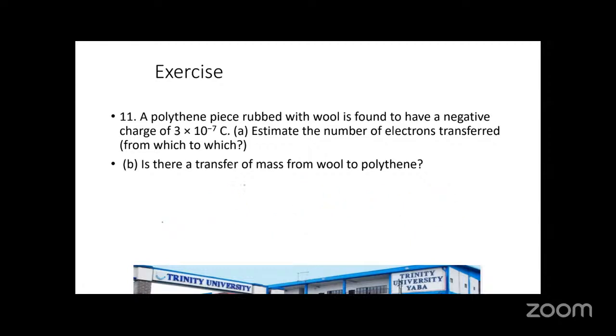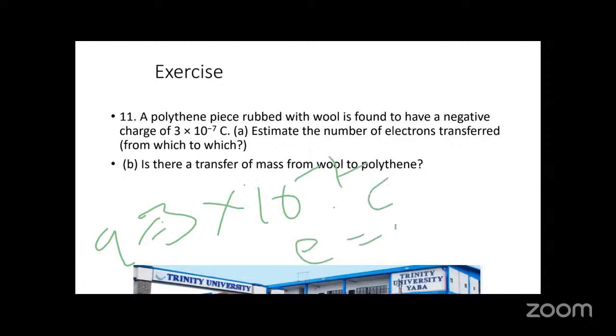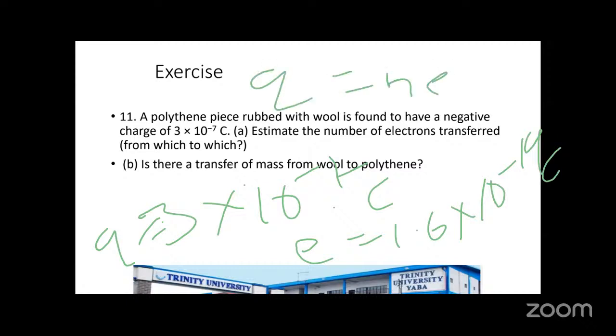Where Q is 3 times 10 raised to minus 7 coulomb, and E is equal to 1.6 times 10 raised to minus 19 coulomb. So if we have Q equals N E, it means that N will be equal to Q over E. So that will give us the number N.